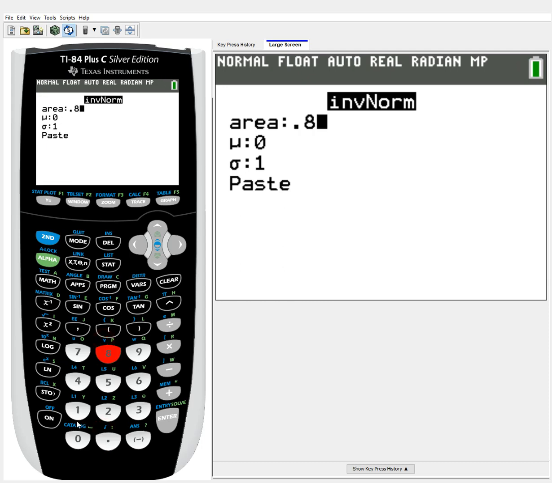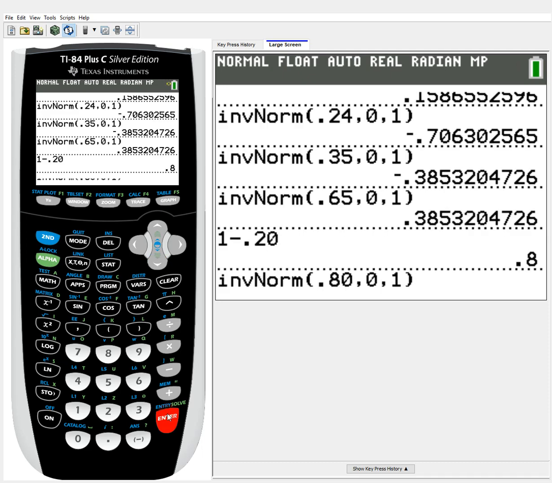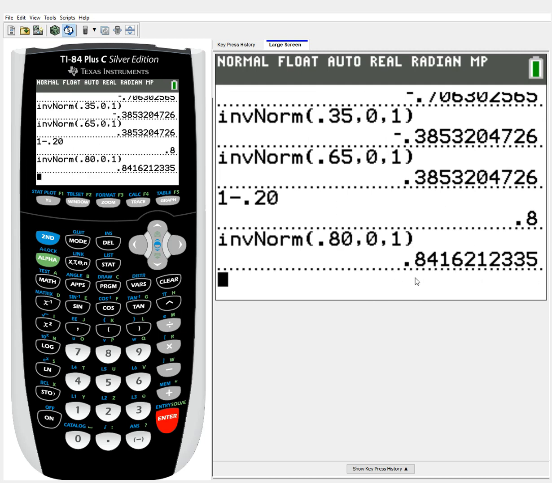Area of 0.80 is on the left. This is how inverse norm usually works. Mean of 0, standard deviation of 1. This will find me the z-score that has 80% on the left and 20% on the right. And we get a positive value, which is again what we expected. 0.8416. So the z-score of 0.8416 has 80% below it and 20% above it.